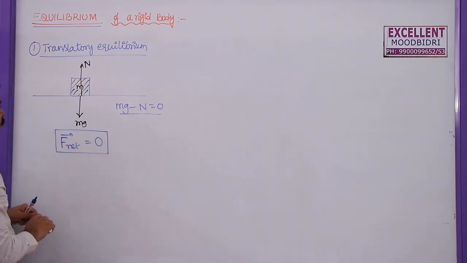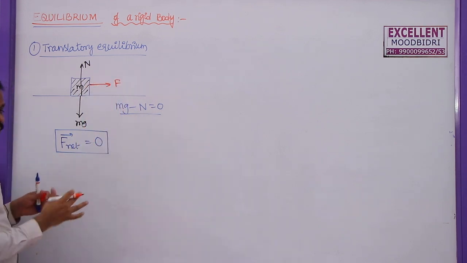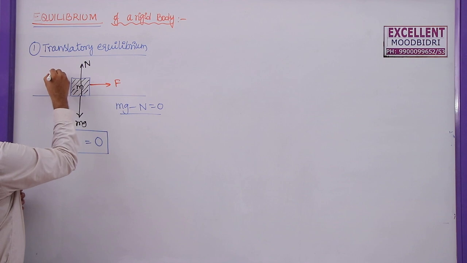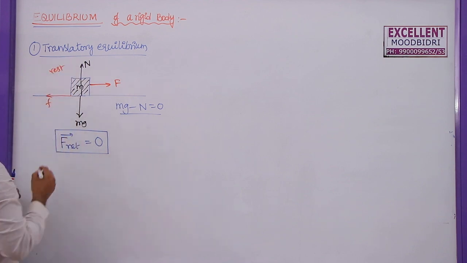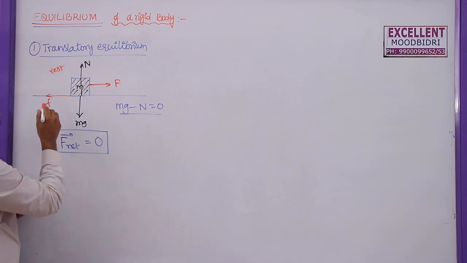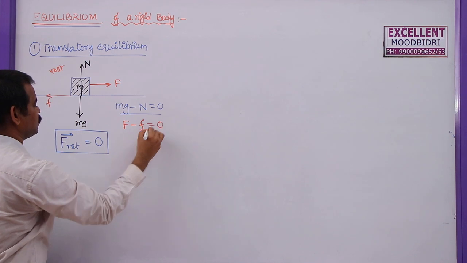Now, even if some force is acting on this body, if somebody is pulling this body in this direction, let us say the body is not moving, the body of mass m is at rest, then the frictional force will be opposite to this one, and along the x-axis capital F minus small f is equal to 0.